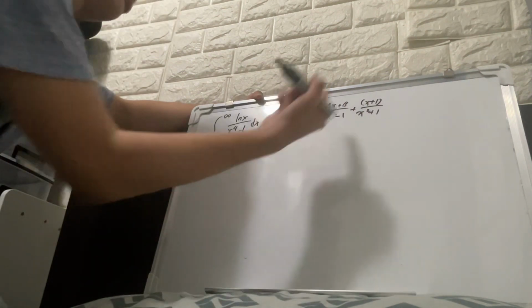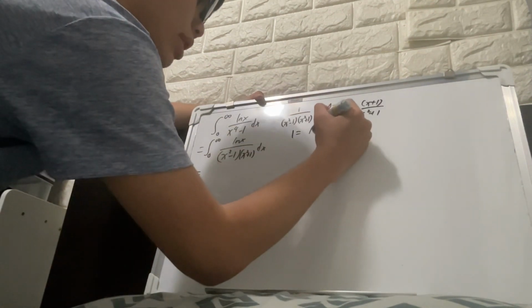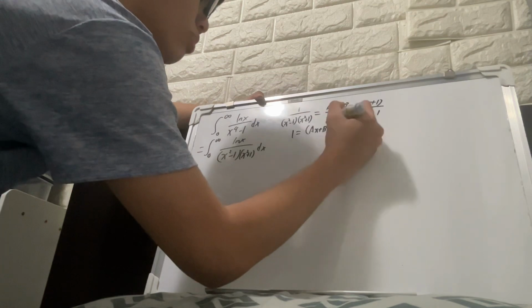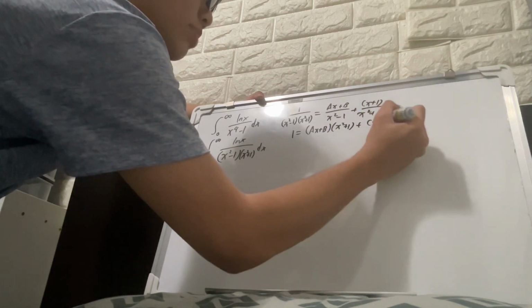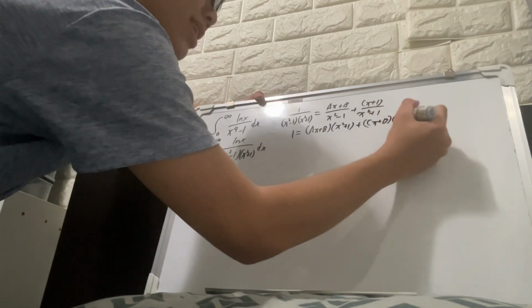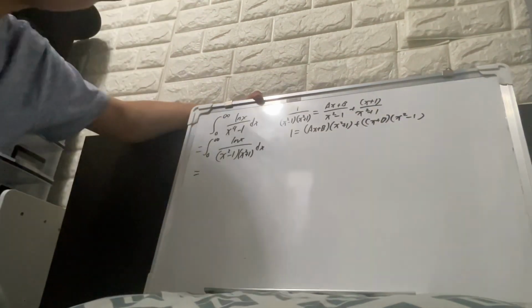So multiplying by the denominators on both sides, you will get 1 is equal to (ax plus b) multiplied by (x squared plus 1) plus (cx plus d) multiplied by (x squared minus 1), like that.